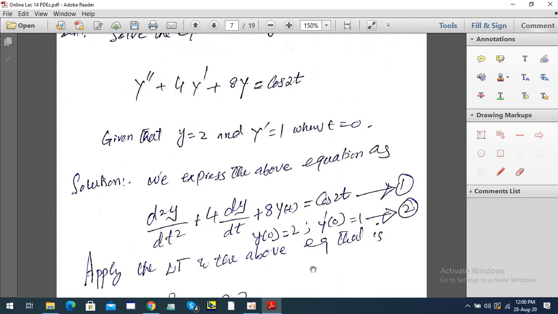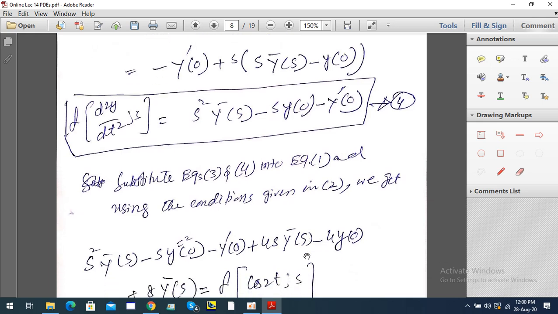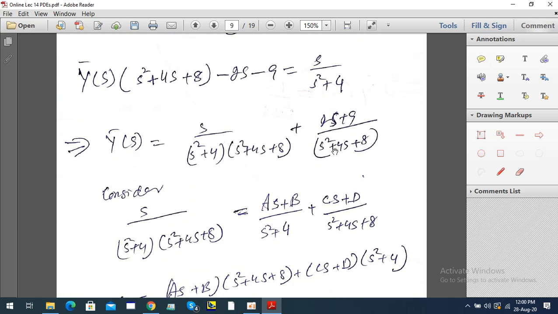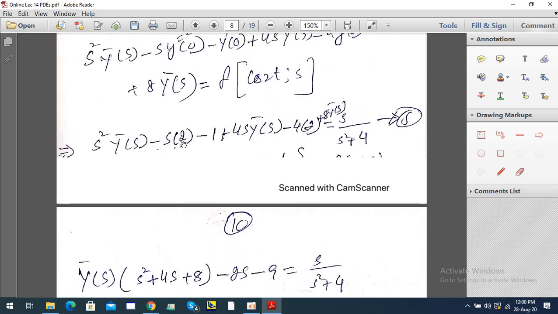The condition is that y dash of 0 is equal to 1 and y of 0 is equal to 2. So you can replace this y of 0 by 2 minus 2s and y dash of 0 by minus 1. When you replace this, you can see here minus 2s. So this is y of 0, and this is y dash of 0, which is minus 1. So both the conditions have been used here.